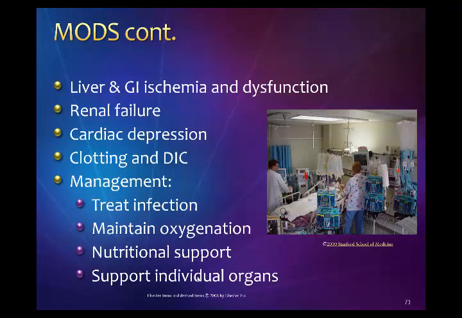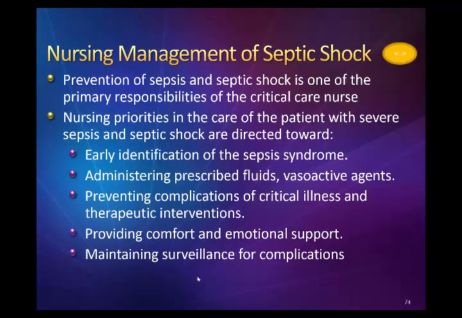So here they are: liver, GI, renal failure, cardiac depression because of that myocardial depressant factor, DIC, we already talked about ARDS. So when we're talking about managing sepsis, it's going to be really, really important to treat that infection with the known antidote. So you want to have blood cultures done so you know what's going to be most effective for that patient. Maintain oxygenation, nutritional support, provide individual organ support so they don't fail.